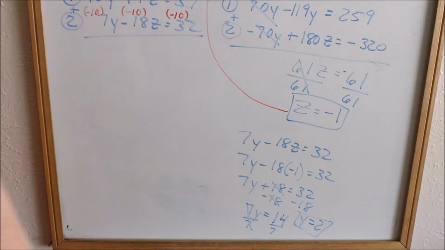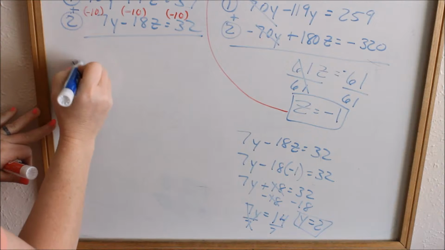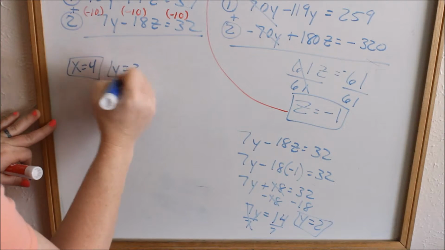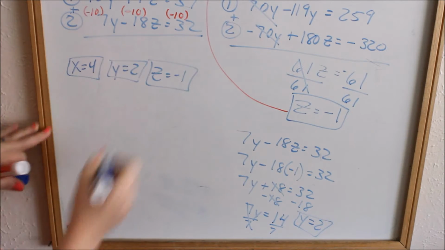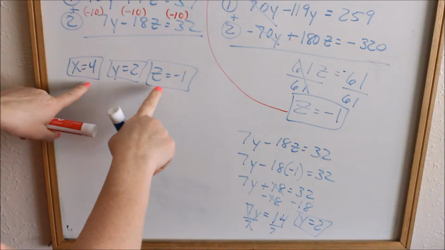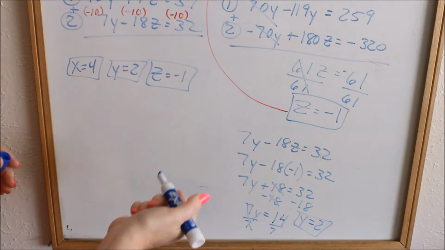Okay, we actually need to do one more thing. We need to check it because the very last step of the problem actually says to check. I'm only going to check in one of the equations. So, since we came up with x equals 4, y equals 2, and z equals negative 1, to check it, you take all of these solutions and put them back into one of your original equations, and the left side should equal the right side.